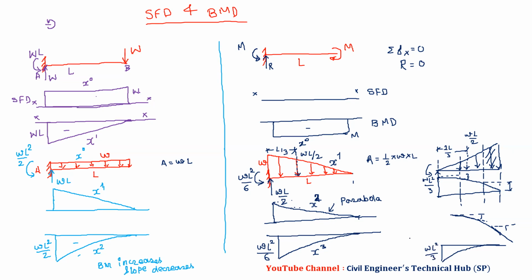So likewise, we have to go for the SFD and BMD. These all are related to your cantilever. Now we will see next, which are related to simply supported beams.